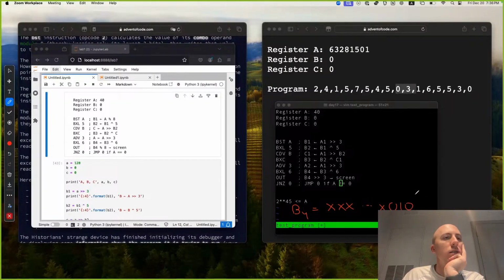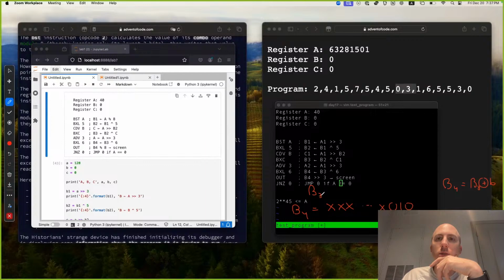010, like this. So B4 is equal to B3 XOR 6. In order to get B3, we just XOR B4 with 6.